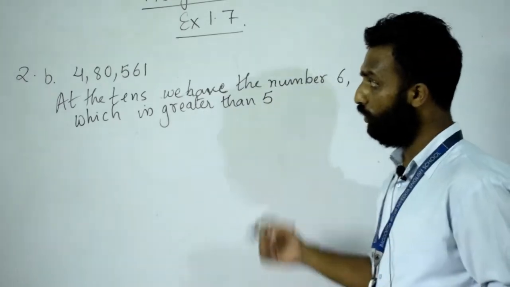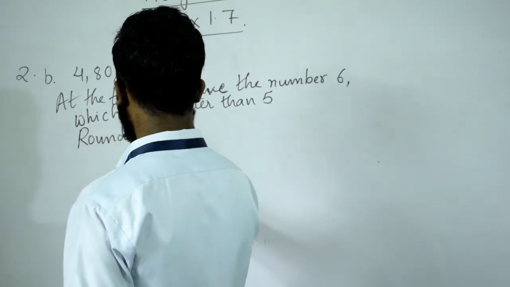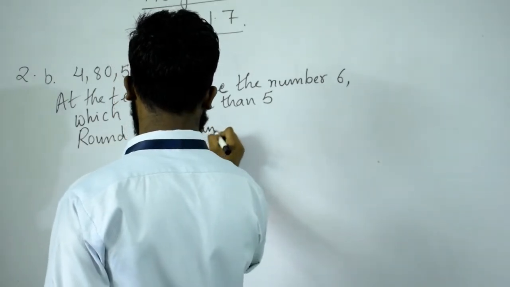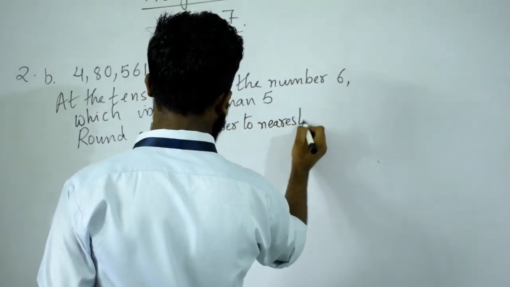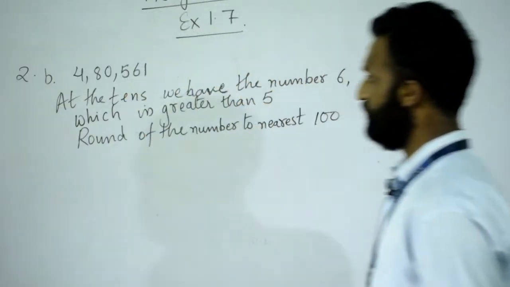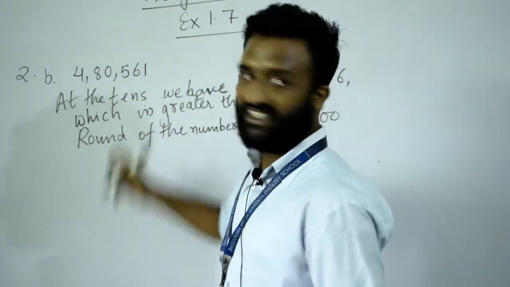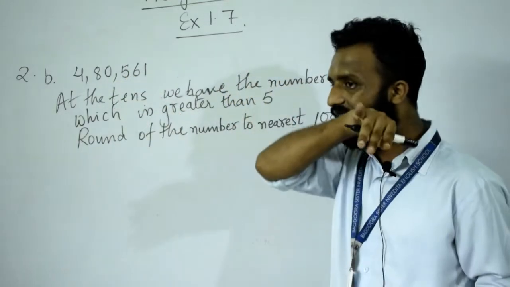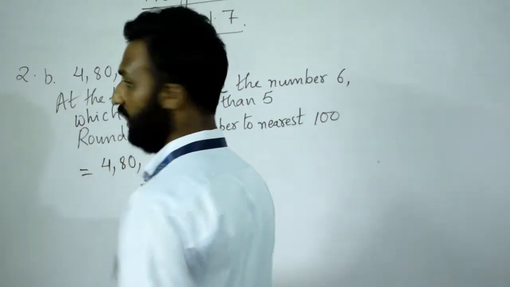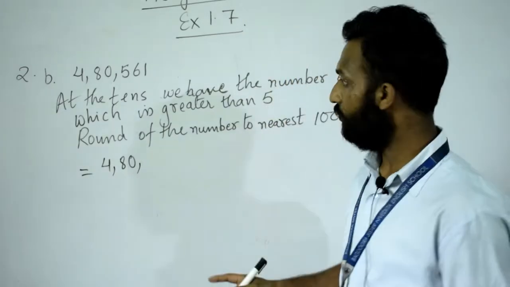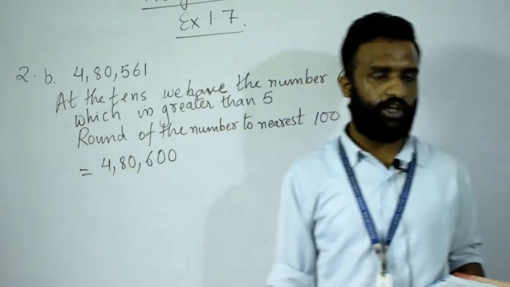As I told you, when it is greater than 5, then for rounding to the nearest 100, we have to change the ones and tens places to 0 and add 1 to the 100 place. So it will be 4,80,000. When we add 1, it will become 6, and here we'll put 2 zeros.